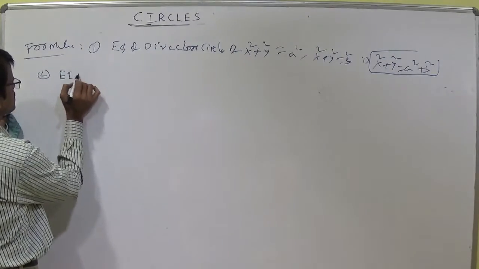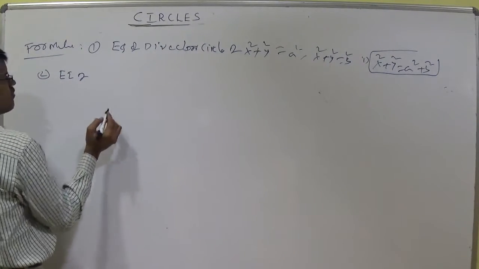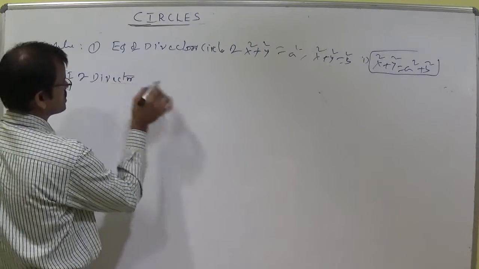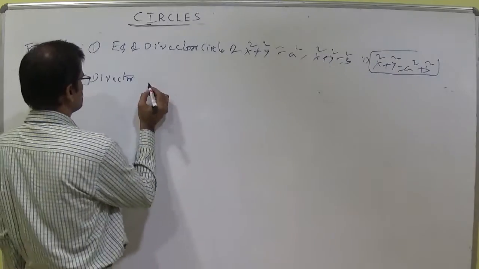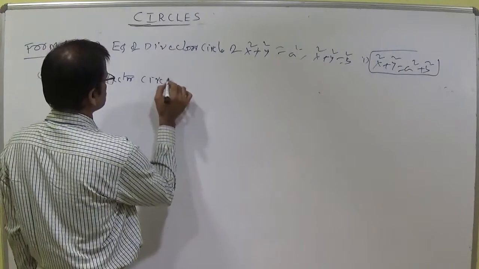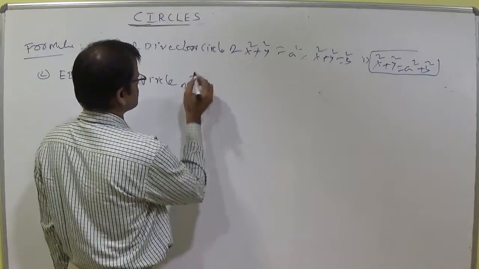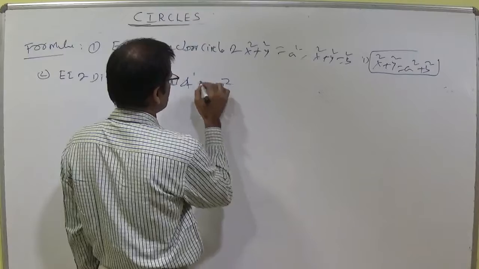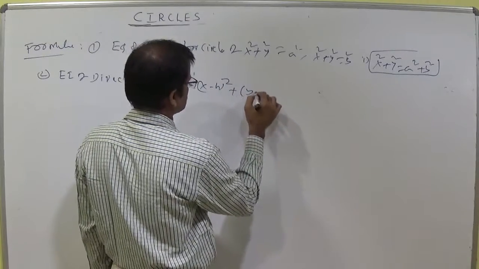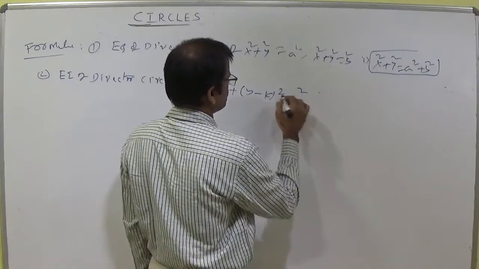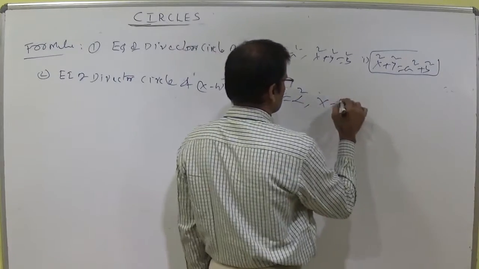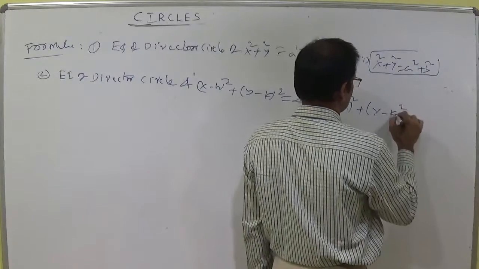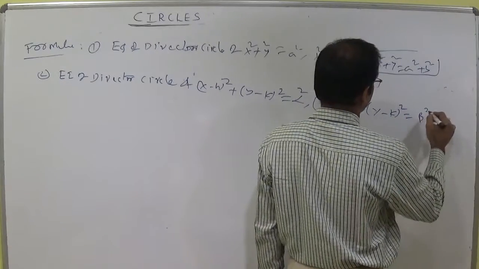This is what I am discussing with you for level 1, 15th question. I think the 15th to 22nd questions are in the same model in the level 1 classwork. Equation of director circle of x minus h whole square plus y minus k whole square is equal to alpha square, comma, x minus h whole square plus y minus k whole square equal to beta square.